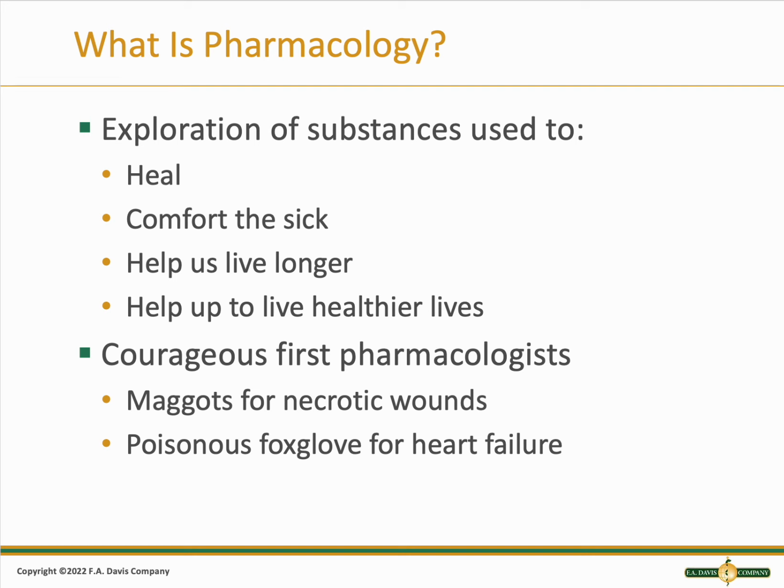A lot of medications actually came from, or I should say some medications came from poisons. Certain poisons in low doses, before they can cause the effects that lead to death, actually have some interesting effects on the body.